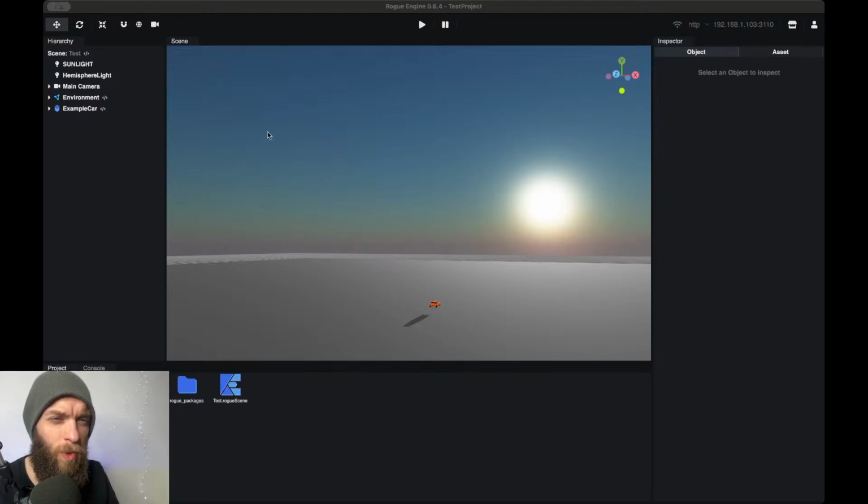The camera looks really bad, which is strange, because the camera here is looking okay. I really don't know what's going on. It's so strange.